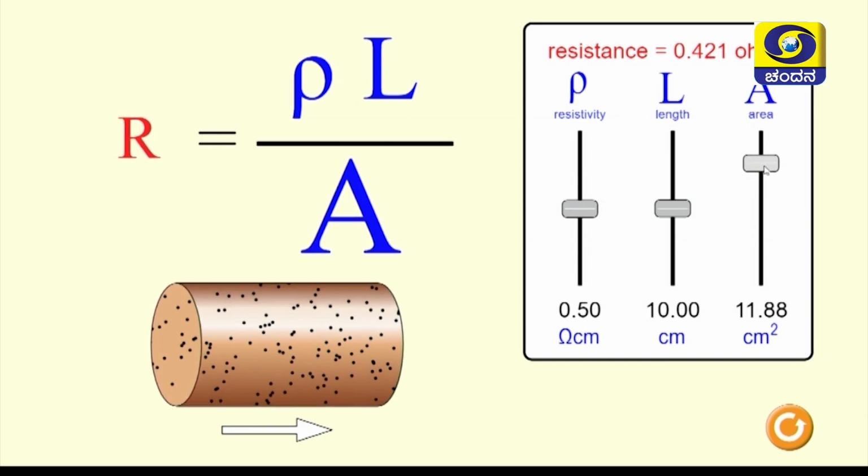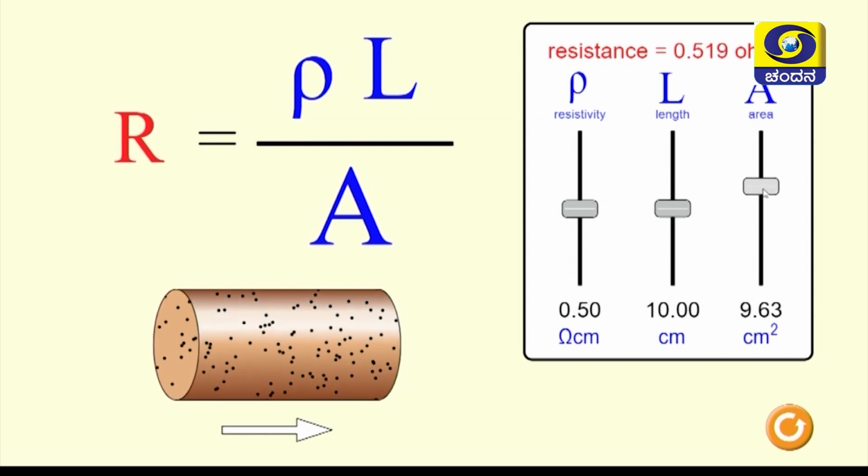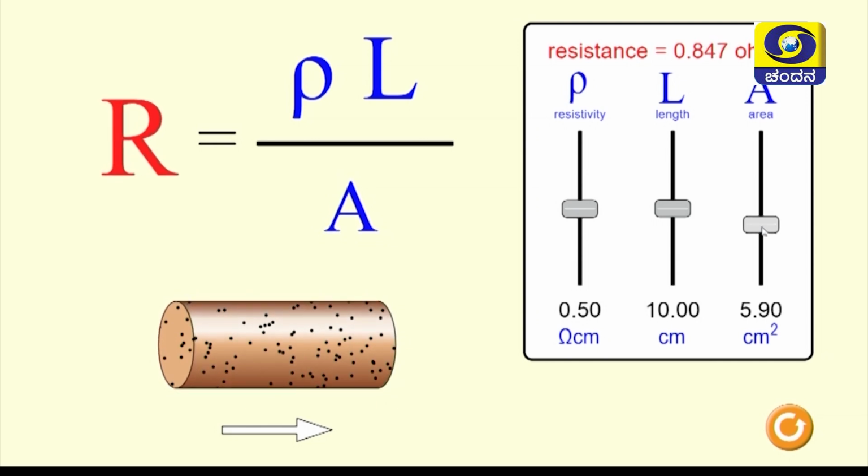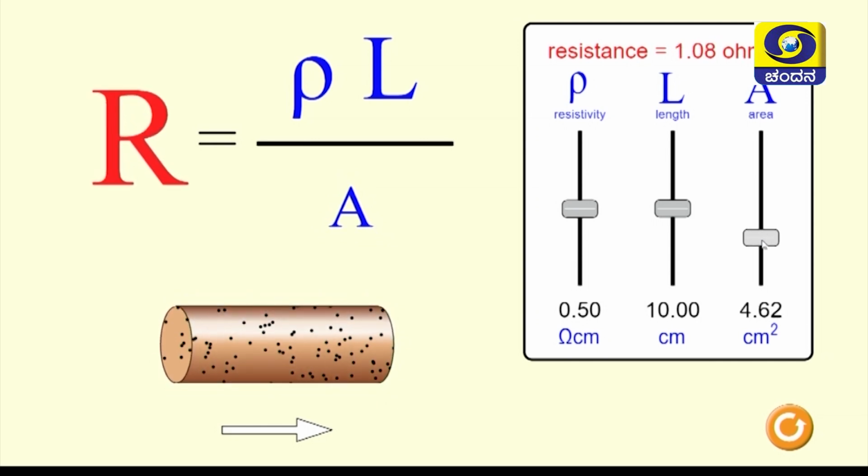So therefore, when we increase the area of cross section, we observe that the resistance of the conducting wire decreases. As soon as we decrease the area of cross section, we observe that the resistance of the conducting wire increases.